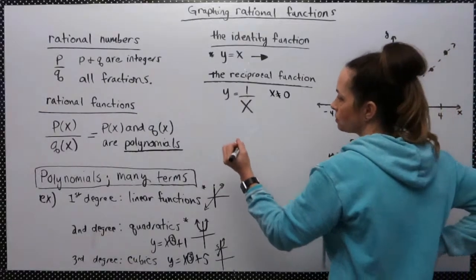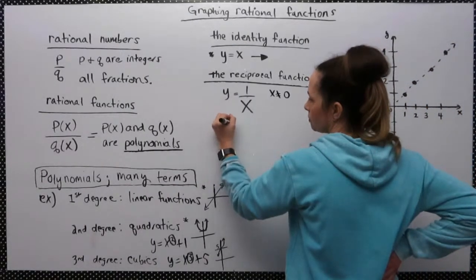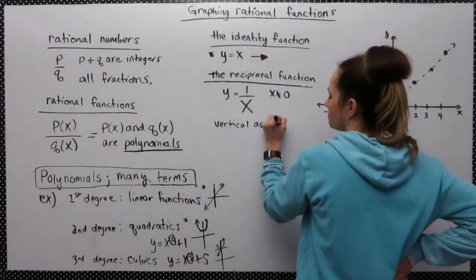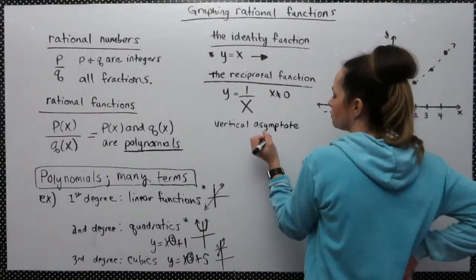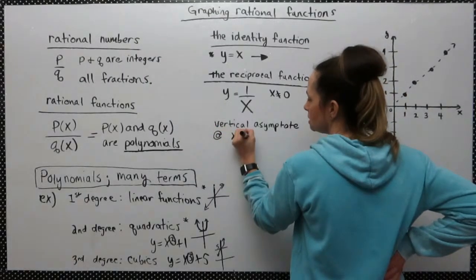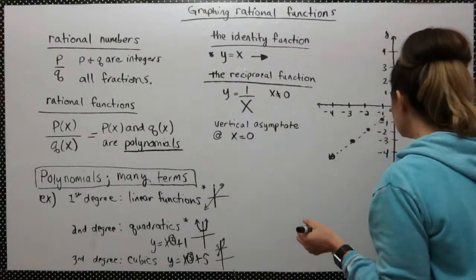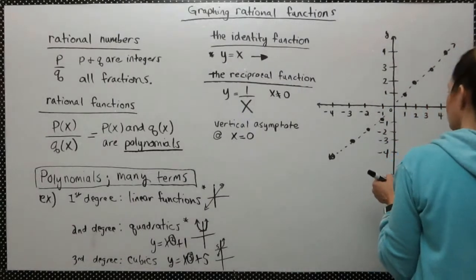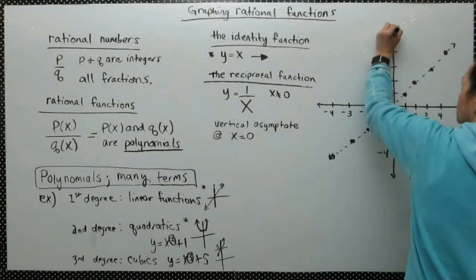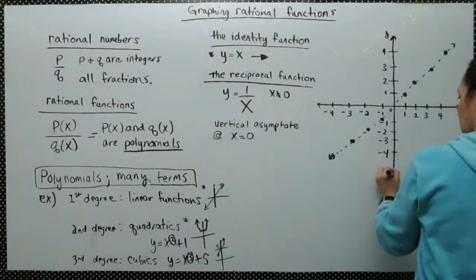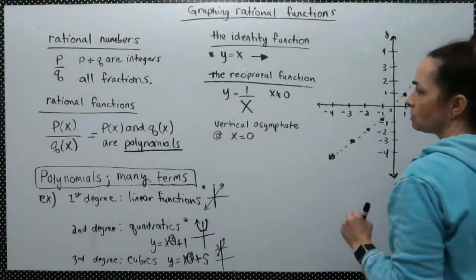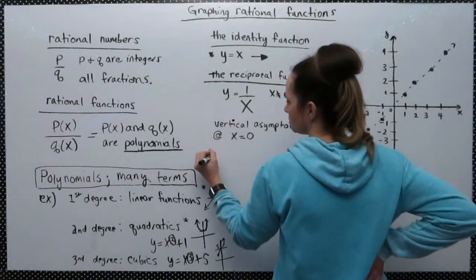So you have a vertical asymptote at x equals 0. So when x is 0 here, this is the y-axis here. There's an asymptote here. Okay. And then there are also horizontal asymptotes.